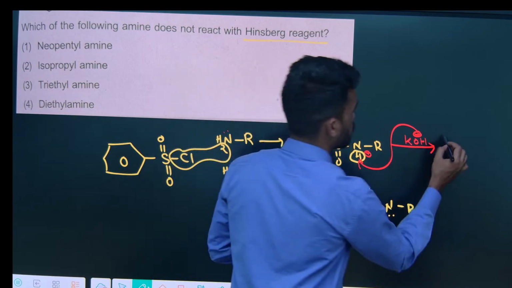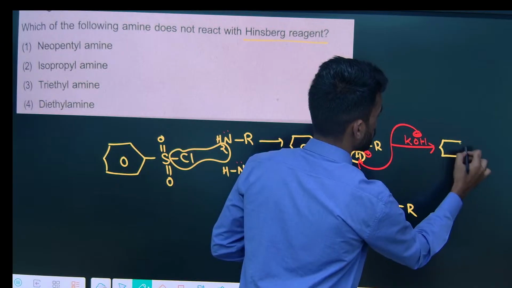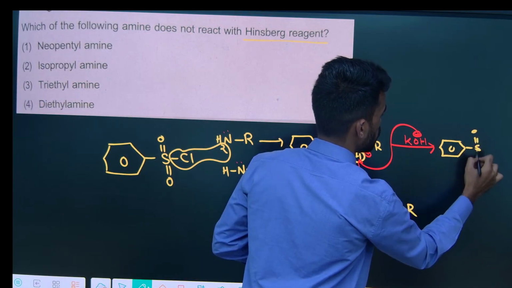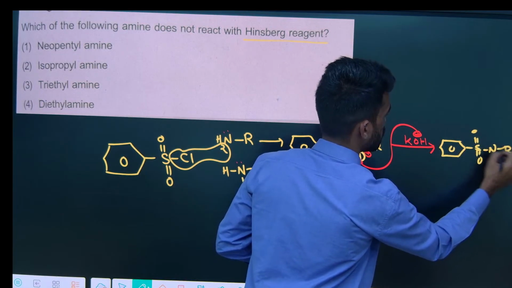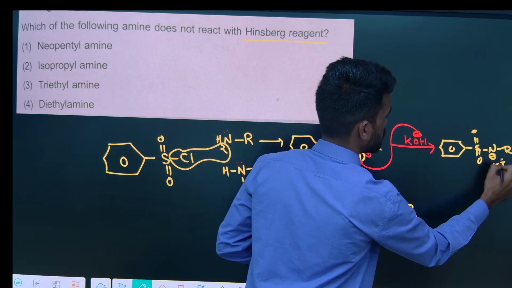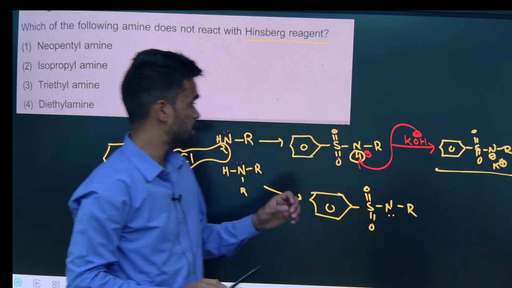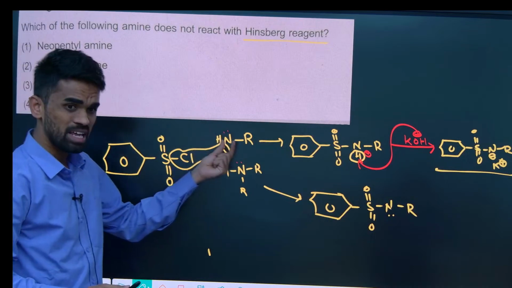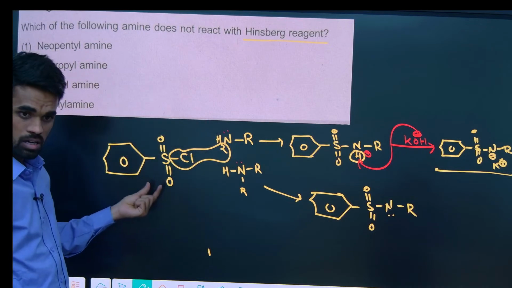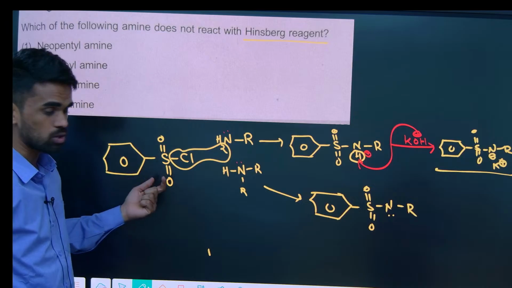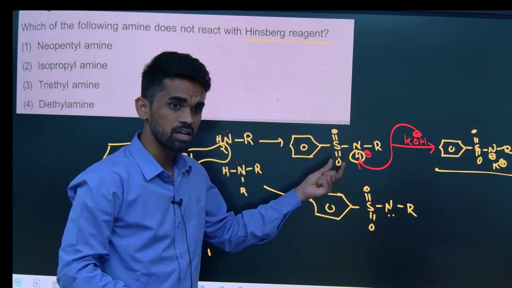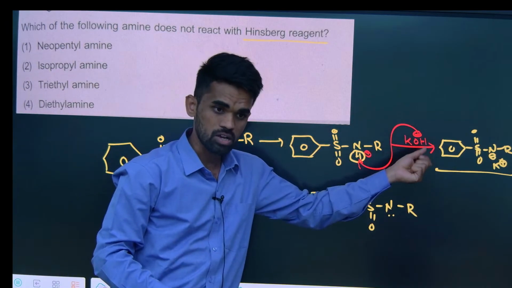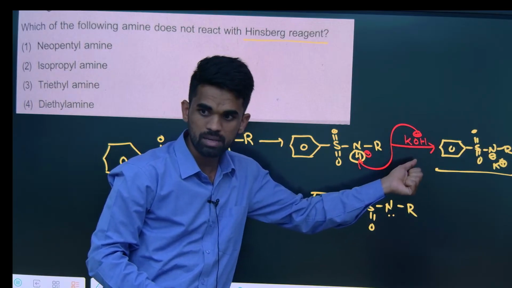Now what are we going to get here? SOONR minus K plus. This is a dissolved salt. You need to remember that primary amines, upon reacting with Hinsberg reagent, benzene sulfonyl chloride, form a product that is soluble in the alkali medium.